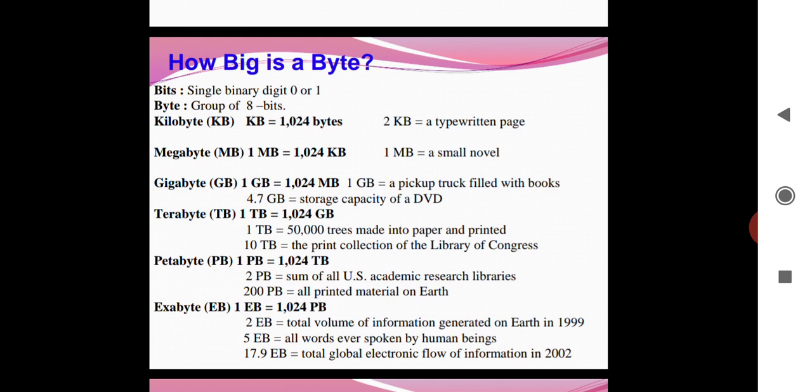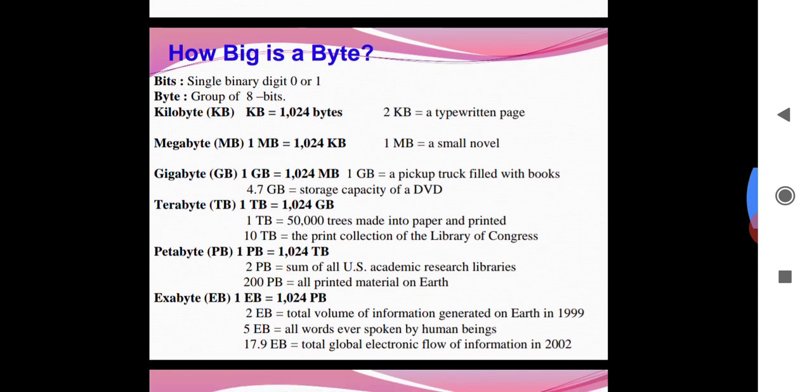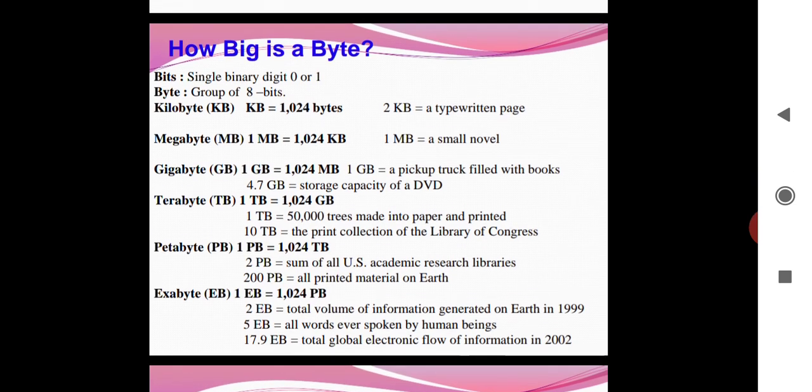Suppose a 1 kilobyte or 2 kilobyte memory means a typewritten page. A 1 megabyte memory means a small novel. 1 gigabyte means a pickup truck filled with books, or the storage capacity of a DVD is 4.7 GB.